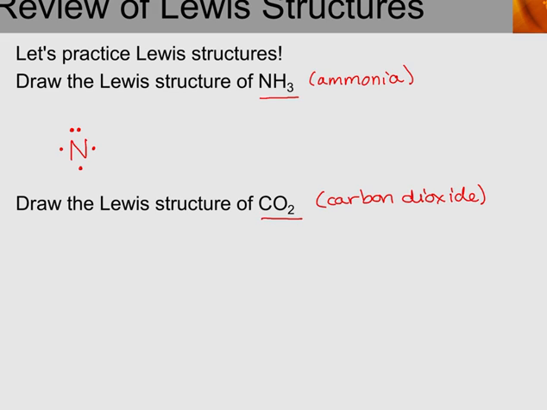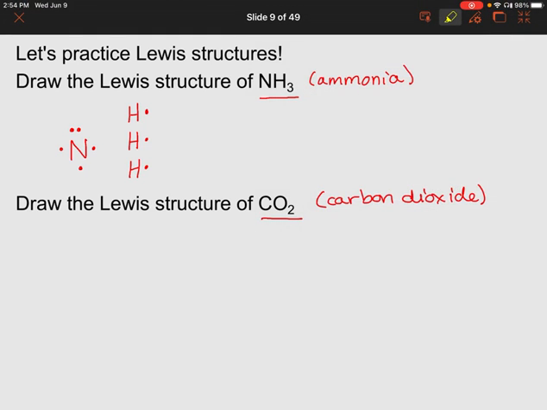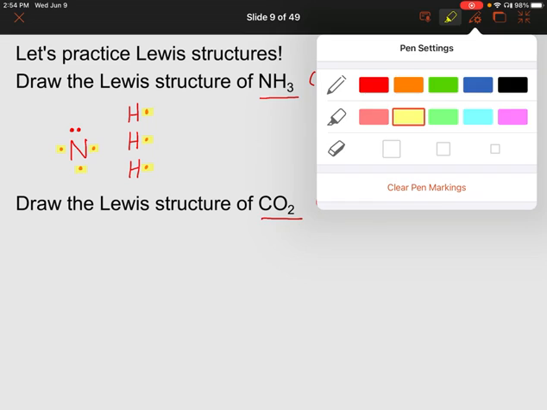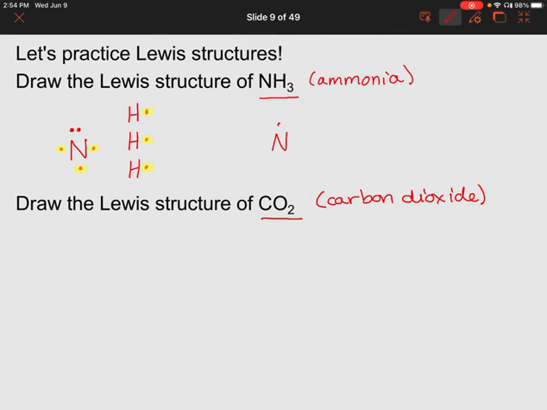And then we have three hydrogens, each with their own valence electron, because they're in group 1. Luckily, nitrogen has 3 unpaired electrons, and those could team up with the unpaired electrons on each of our hydrogens. So what we'll do is leave that lone pair at the top alone, but we'll pair up all of these single electrons around nitrogen with a hydrogen atom.